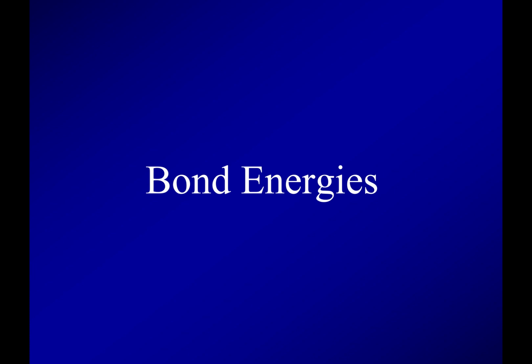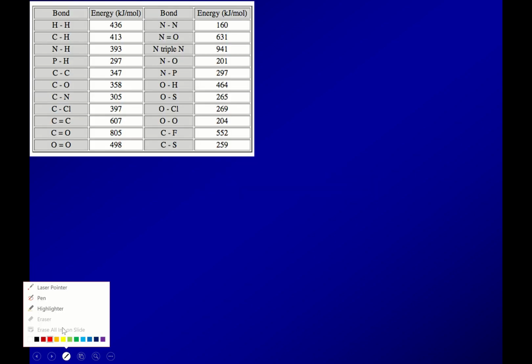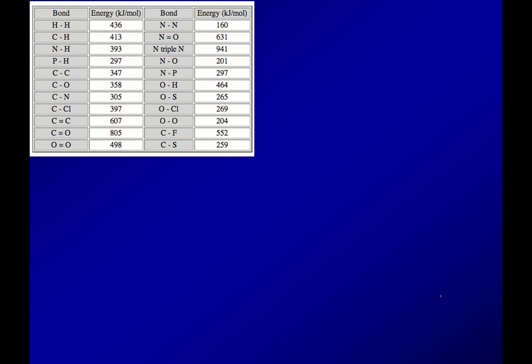Well, it comes from the individual bonds between each of the two atoms in that particular compound. And so let's use two magnets as an example. In order to pull those magnets apart, we have to put energy in. It requires effort. So that would be considered an endothermic reaction.